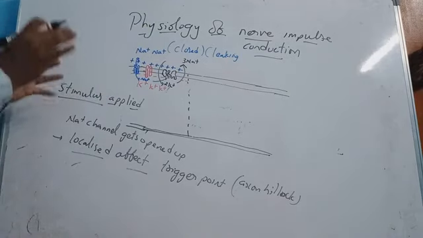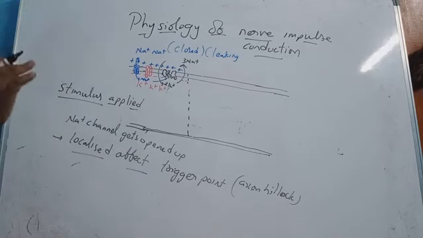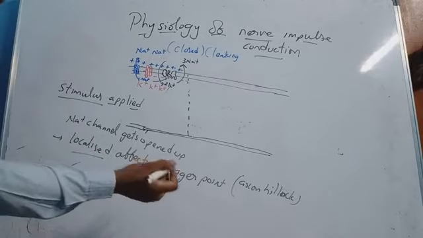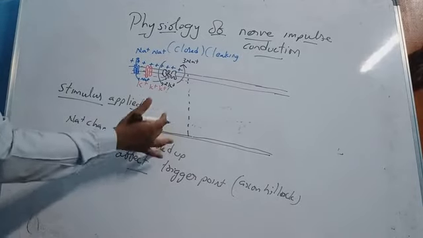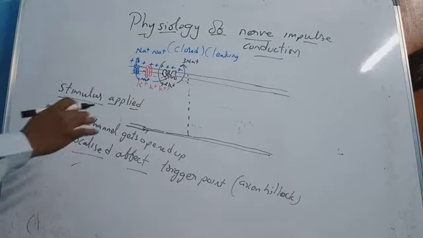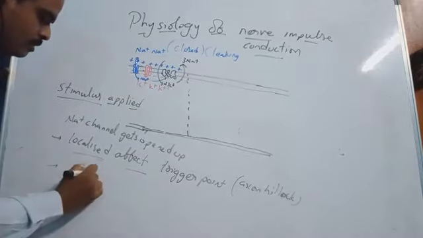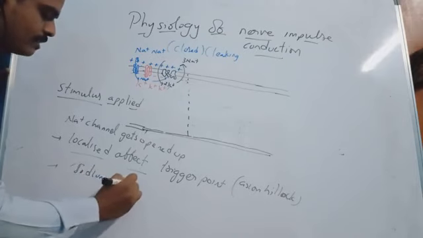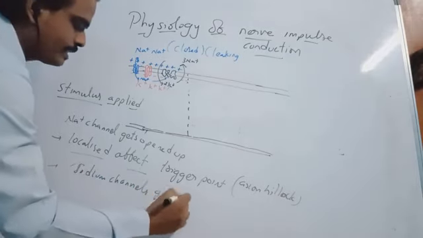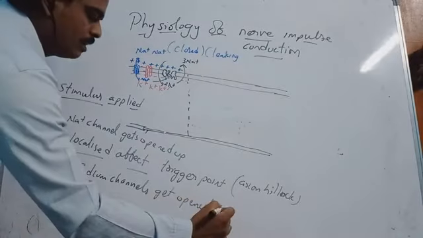So the opening of the sodium channels will start at the axon hillock. We have got the stimulus signals, and at that time the sodium channels open up. So this is the main point: sodium channels get opened up.